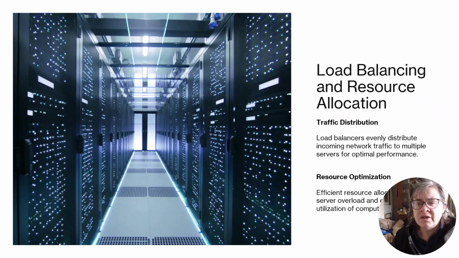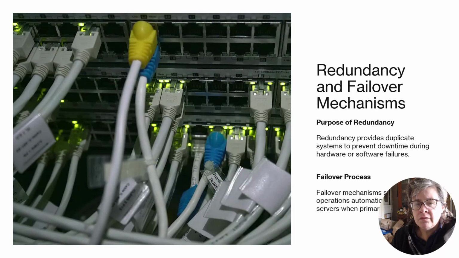Load balancers distribute incoming traffic across multiple servers to optimize resource use and prevent overload. Redundancy and failover systems ensure continuous operation by switching to backup servers in case of hardware or software failure.